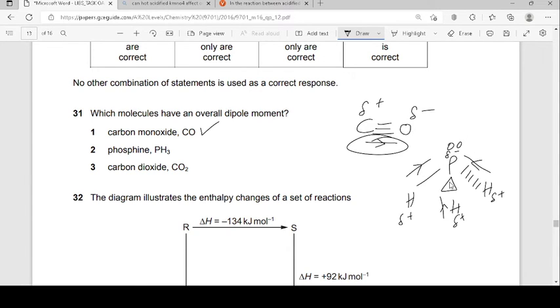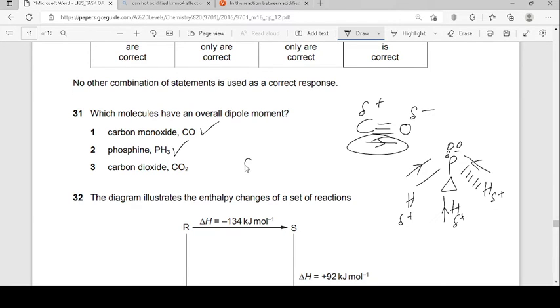But basically, you're having vectors here, right? So over here, my dipole moment does not cancel out, does it? Because one is going like this and one is going like that, and I have one upwards. So I have a dipole moment. I suppose you could say it's upwards. I don't know the exact direction of it, and I'm not bothering to calculate that in a chemistry paper. But yes, I do have a dipole moment here because there's an electronegativity difference, and I have an asymmetrical molecule.